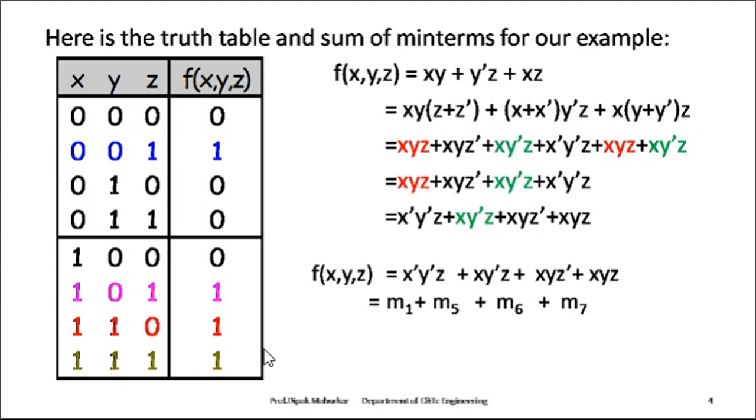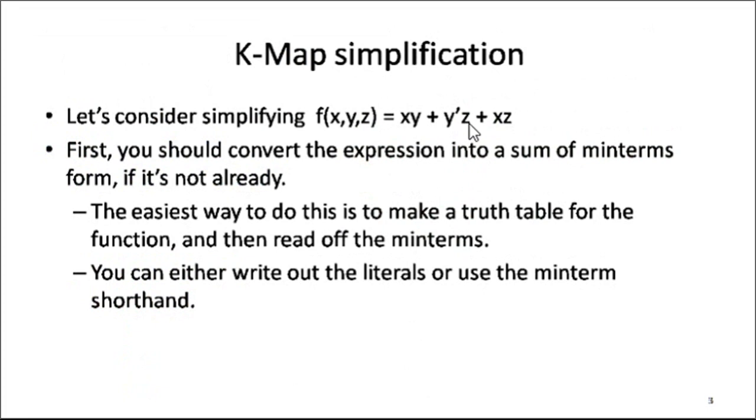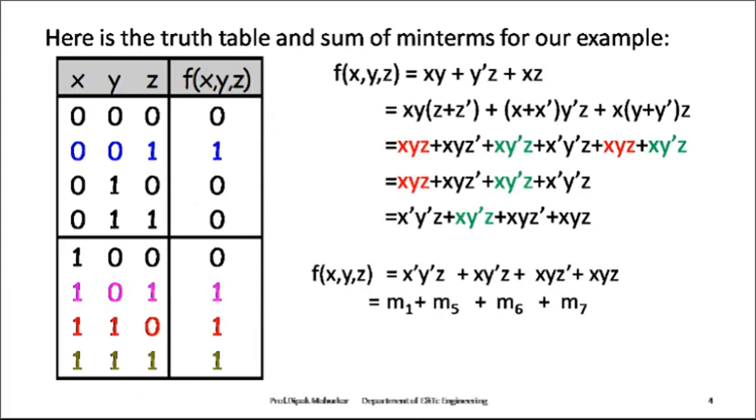If you observe the function xy + y'z + xz, three terms contain that information. Now, what I will do is multiply each term by 1: xy into 1, y'z into 1, plus xz into 1.